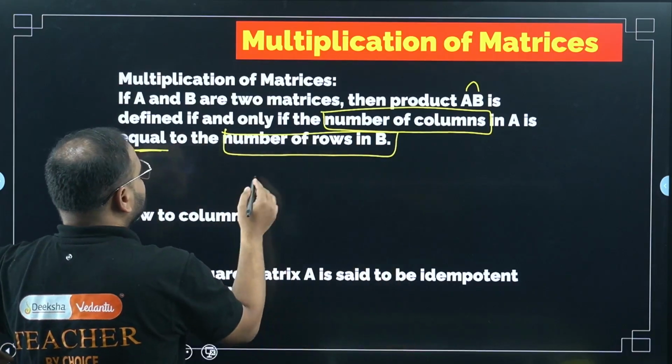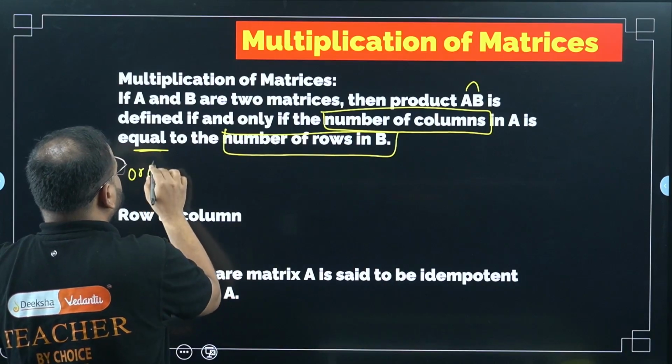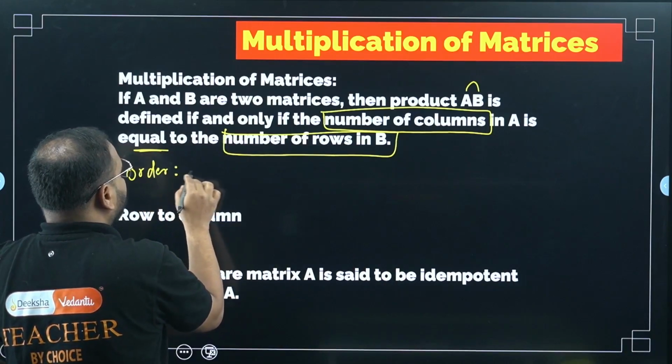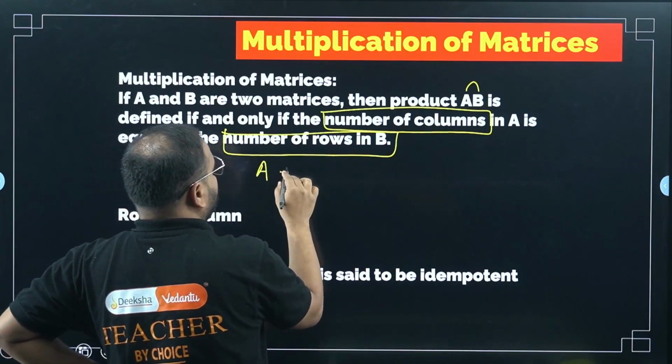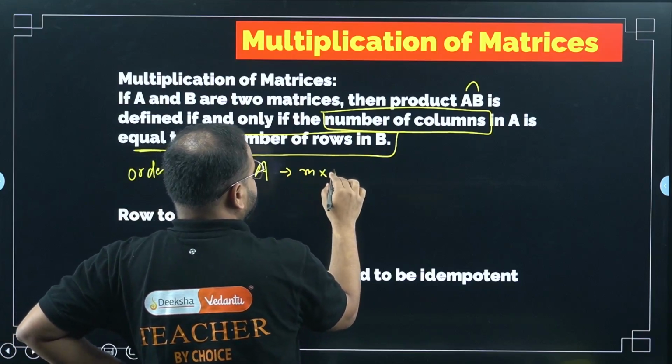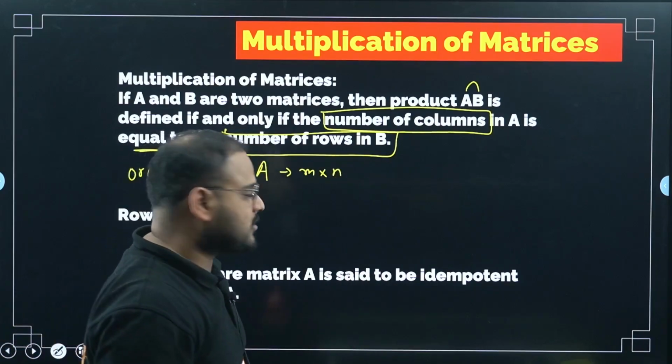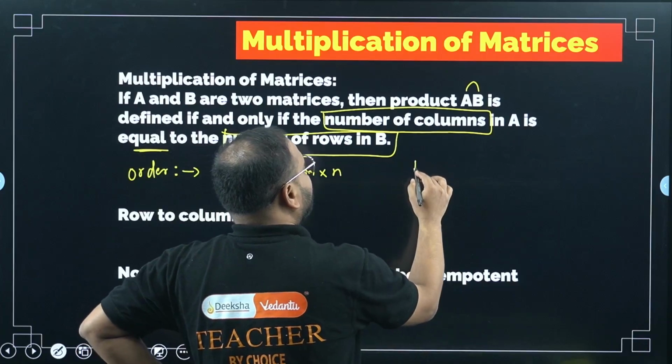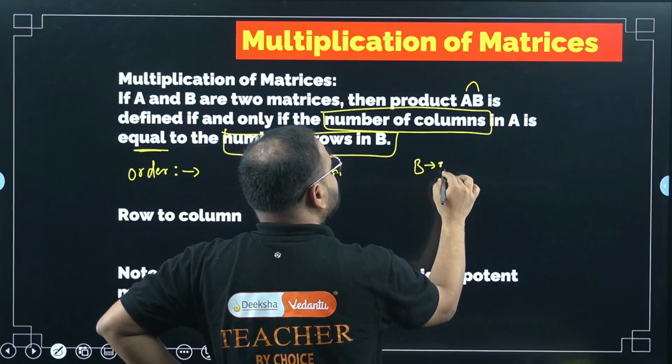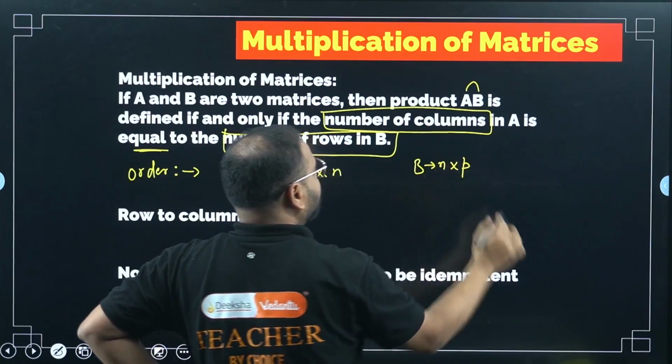For example, let's say the order of my matrix A is m cross n, and the order of matrix B is n cross p.